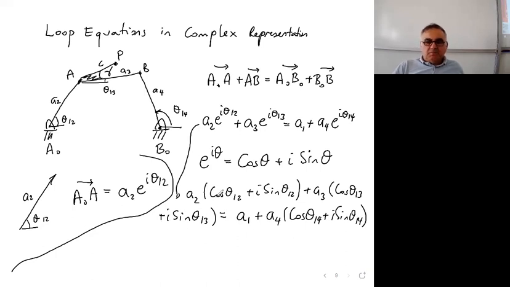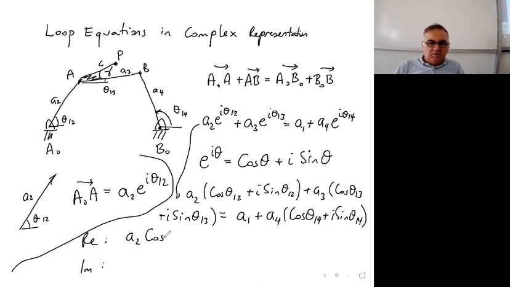Now, here again, it seems like we have one equation, but no, we have two equations because we have the real and imaginary parts that are independent. They are independently correct. They have to satisfy them. So we have two equations.